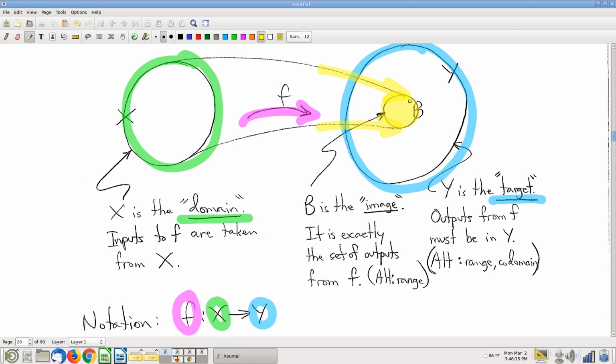The actual outputs might just never hit certain points in the target. No problem. Okay. So the actual outputs, though, this set here of actual outputs, it's also an object of interest, and I want to use the word image.